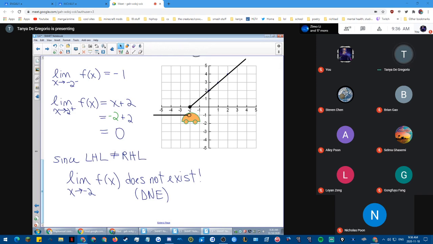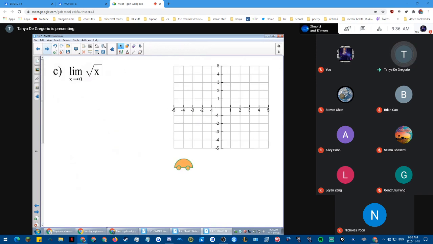Okay, now. Limit as x approaches 0 of root x. Okay. So here, I can sub in 0. What's the square root of 0? Oh, so my limit is 0. What do you guys think? Think that's good? Let's graph it.